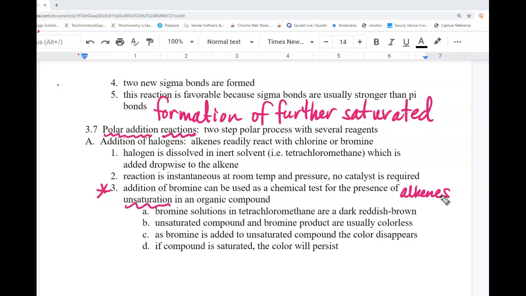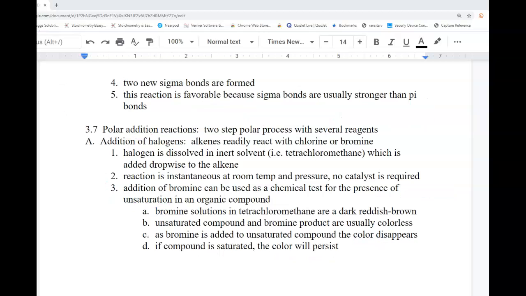As we add it to an unsaturated compound, the product that is formed is colorless, so the color will disappear. If the compound is already saturated, in other words if it was already an alkane, the color will not change. That's one of the things IB likes to test, so you should make note of that part of the notes and the reactions.